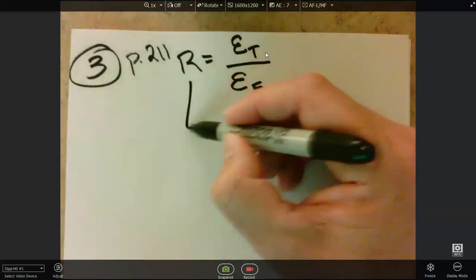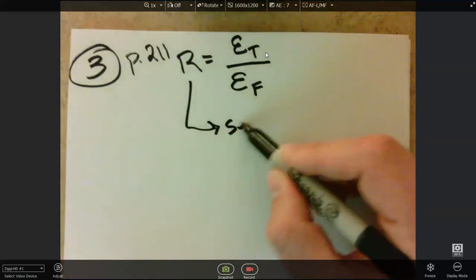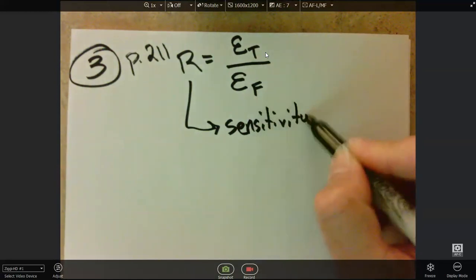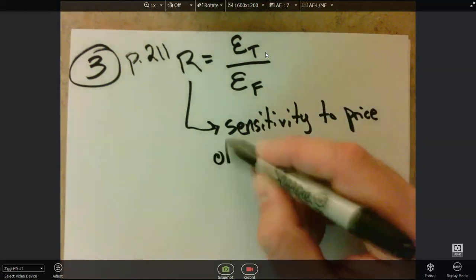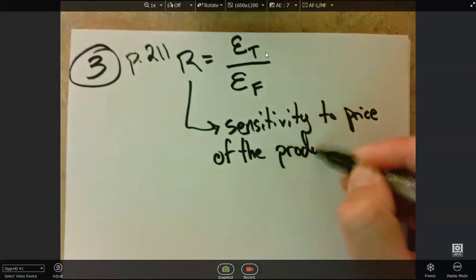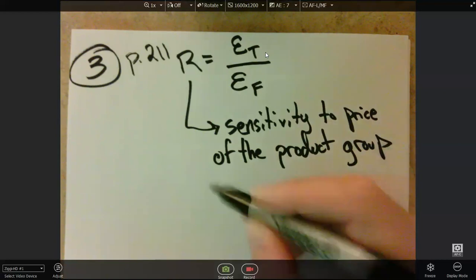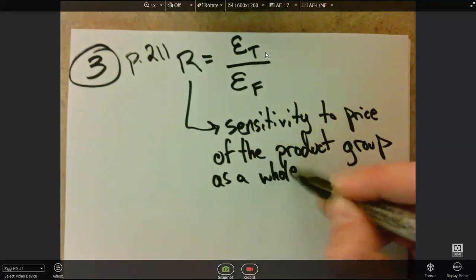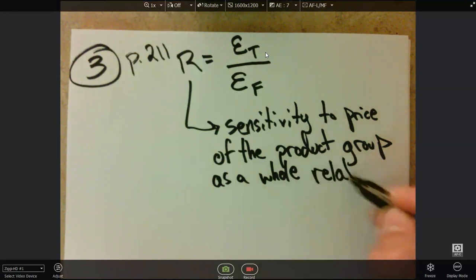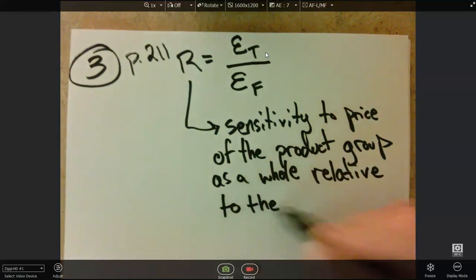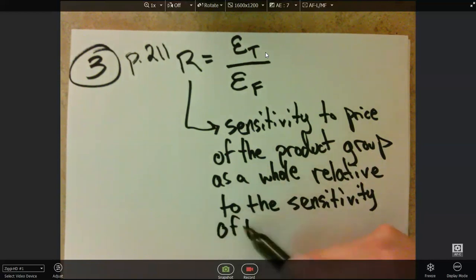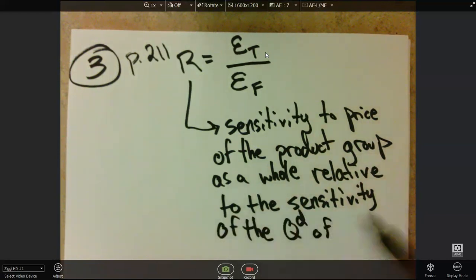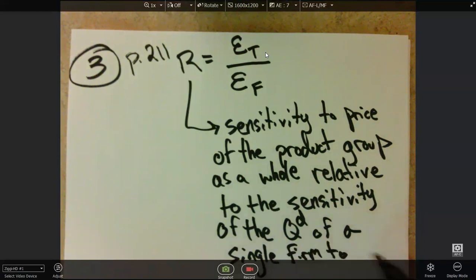And it tells us the sensitivity to price of the product group as a whole relative to the sensitivity of the quantity demanded of a single firm to a change in price.